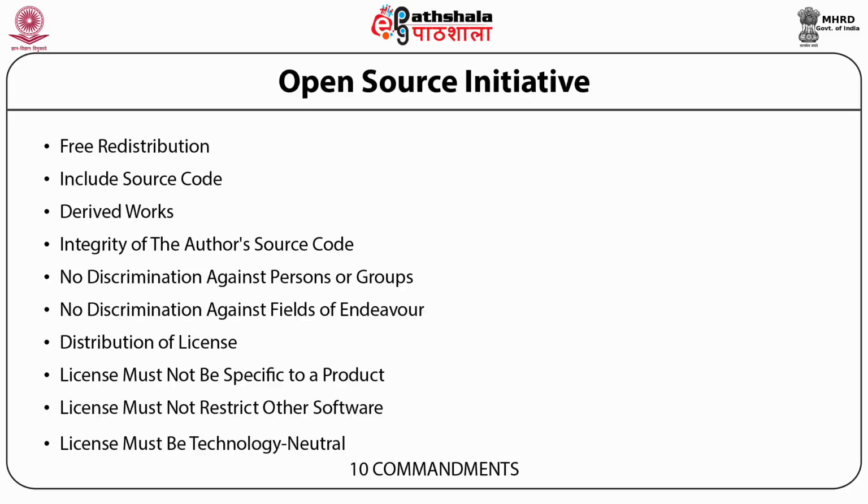One is called the Open Source Initiative, which started for free distribution of the source code. The software is developed, as I mentioned, by writing different instructions, that is called source code. And the idea is that you give the source code to a person who can also contribute something to it.